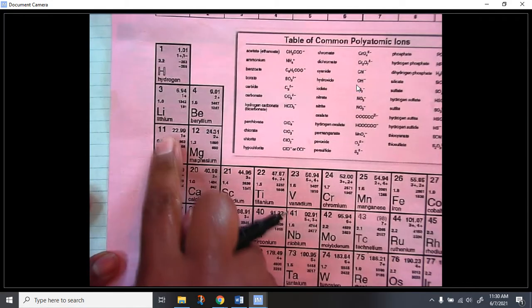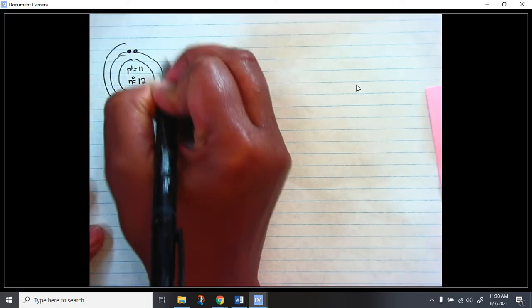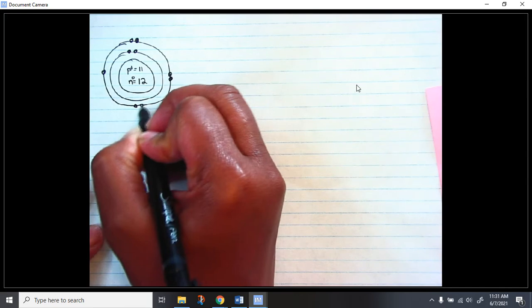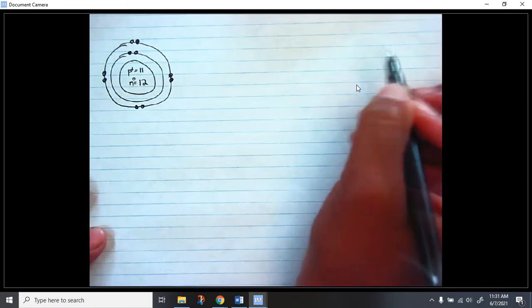Protons is going to end up being 11. That never changes. So that part's no different. And in the atom, we have the same amount of electrons, so in 1, 2, we're trying to get to 11. 3, 4, 5, 6, 7, 8, 9, 10, and then the atom actually had 11.